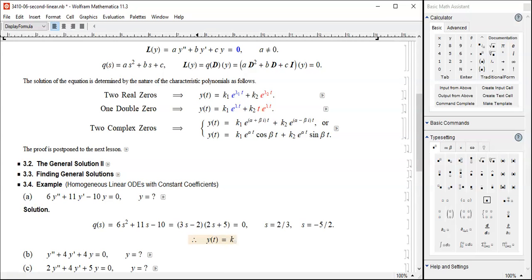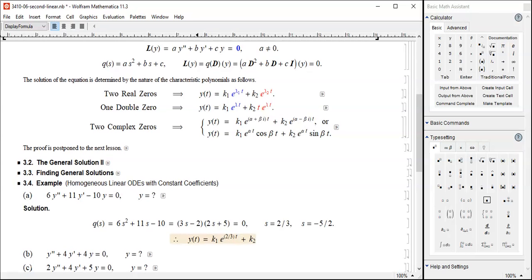It's a linear combination of these two: k1 times exponential of 2/3 t from the first, and k2 times exponential of negative 5/2 t. It's easy. Coming directly from this and finding lambda 1 and lambda 2, again easy.